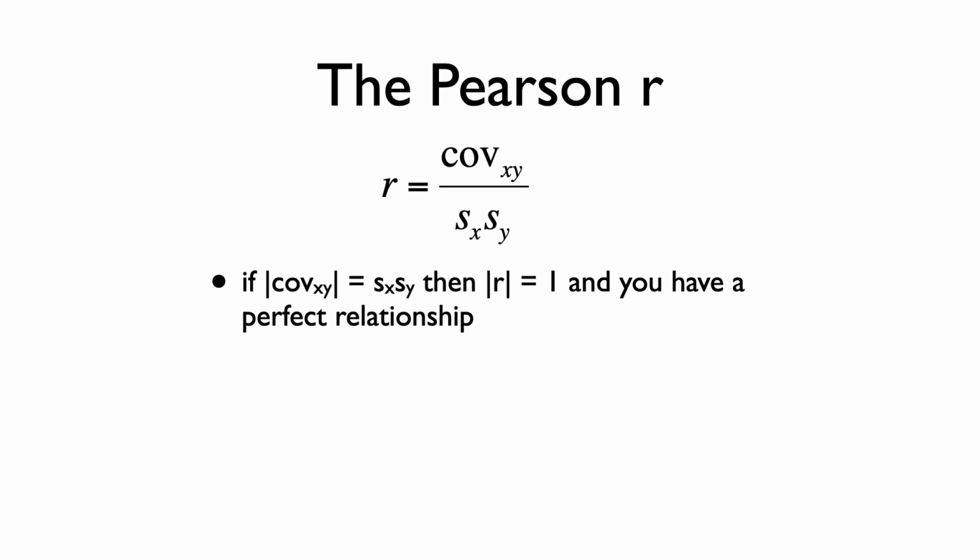Because we've got x minus x bar times y minus y bar, we'll expand this out a little bit. That equals x minus x bar times x minus x bar over n minus 1, because that's squared.